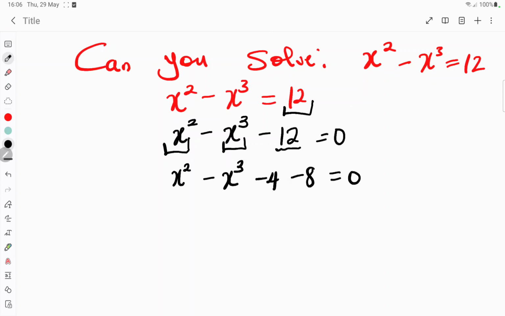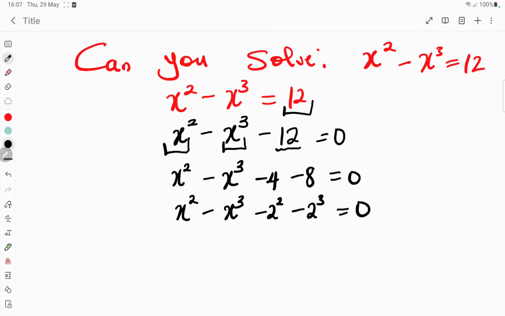So nothing actually changed. So this can be seen as x squared minus x cubed. Then let's write minus 4 in a square form, that will be minus 2 squared. Then minus 8 can be minus 2 cubed, and this is equal to 0.